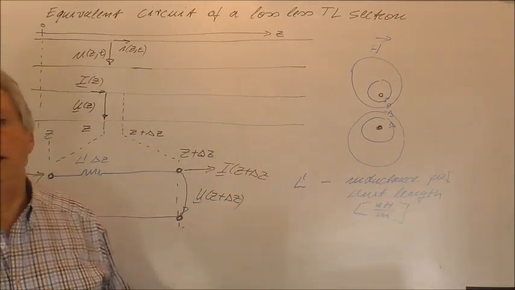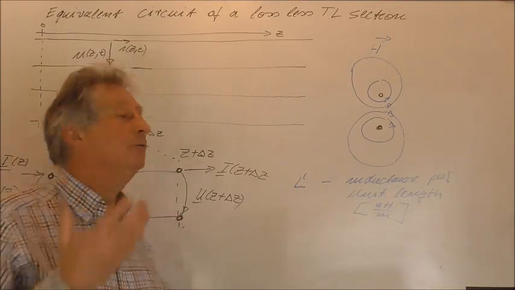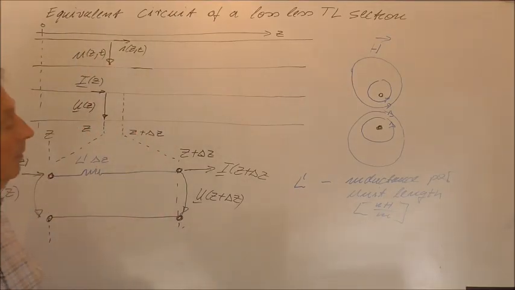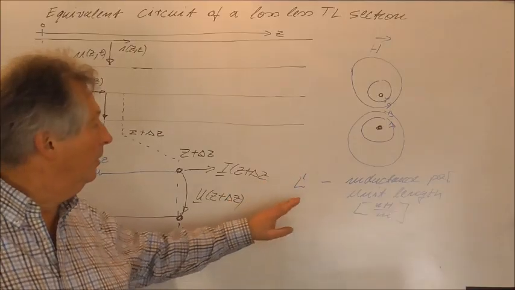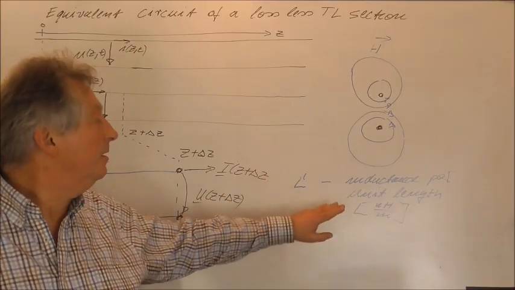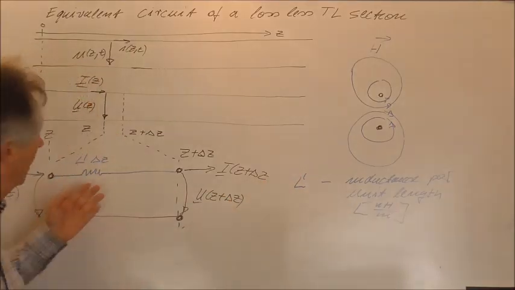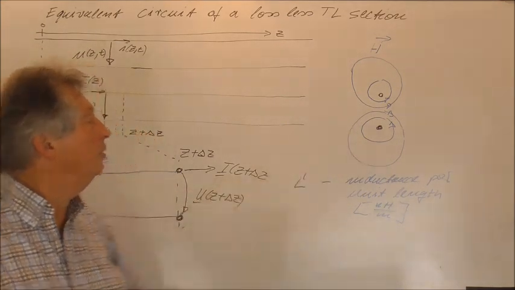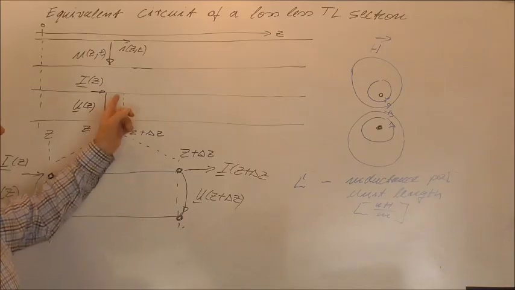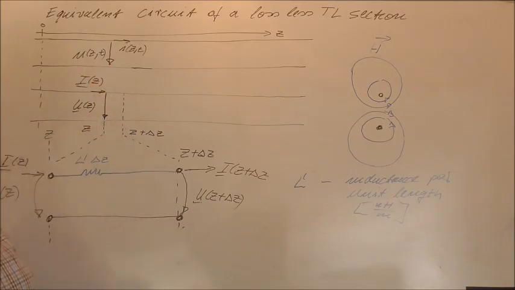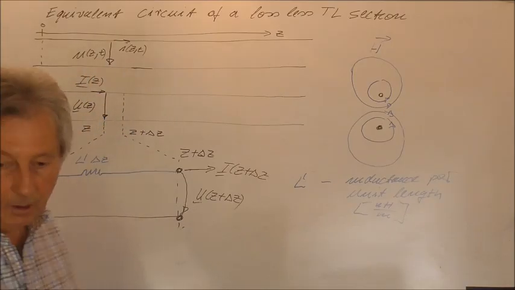So you can say, independent of which kind of transmission line you want to describe, every transmission line will be described by a so-called inductance per unit length, and the inductance per unit length will describe the stored magnetic field energy in this transmission line section.